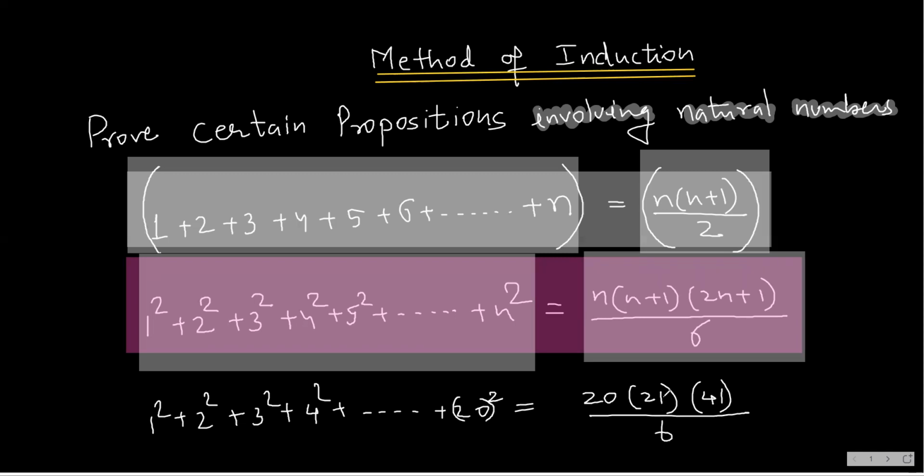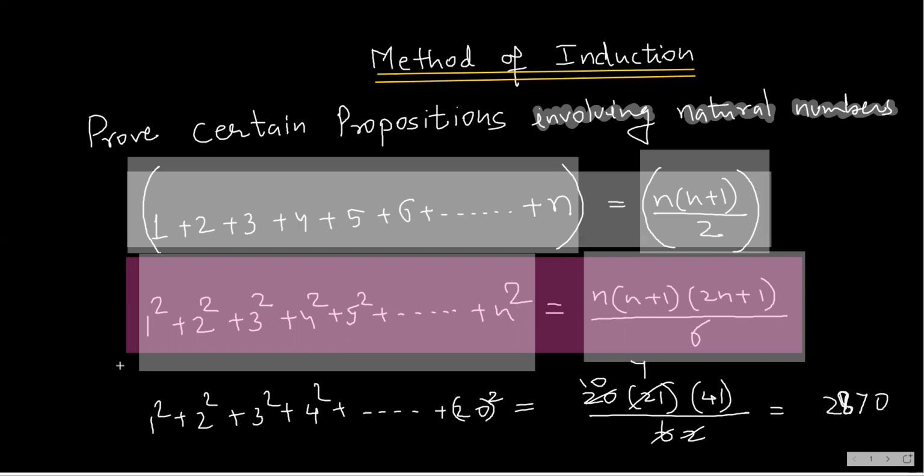Then 3 sevens are 21, 3 twos are 6, and 2 tens are 20. So 7 ones are 7, 7 fours are 28. 2870 is the answer. If you add the squares of first 20 numbers, you will get 2870.